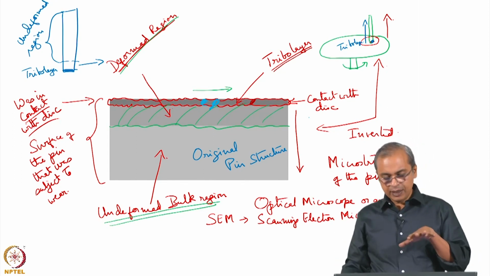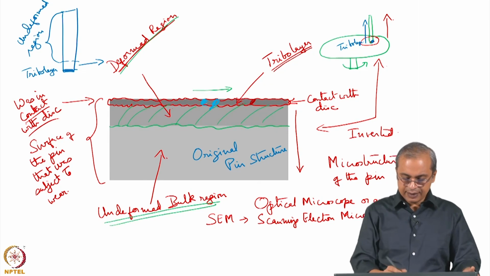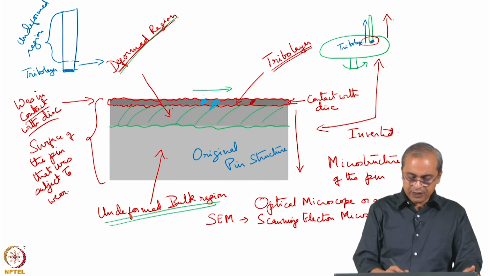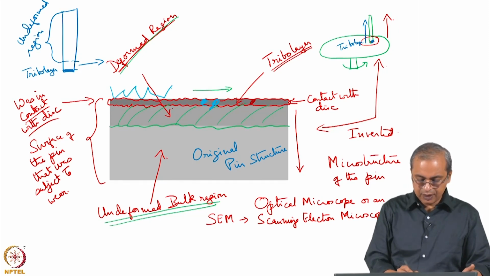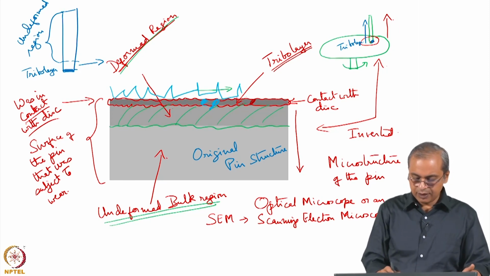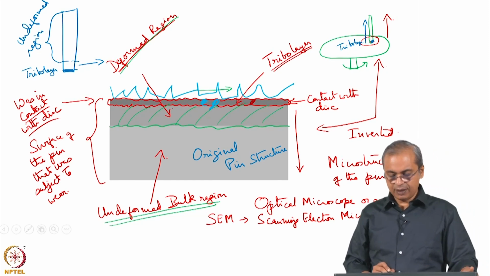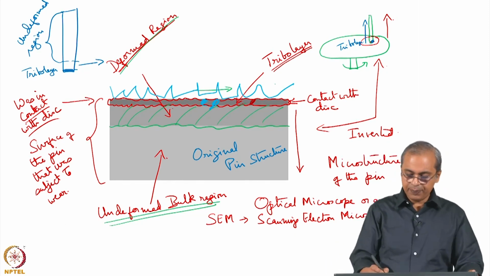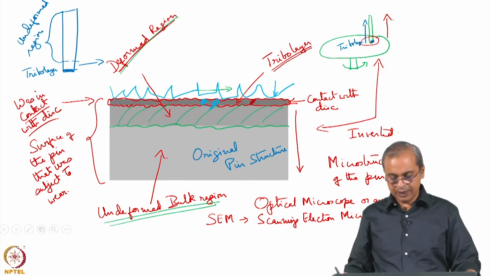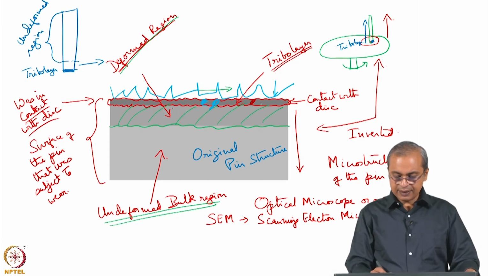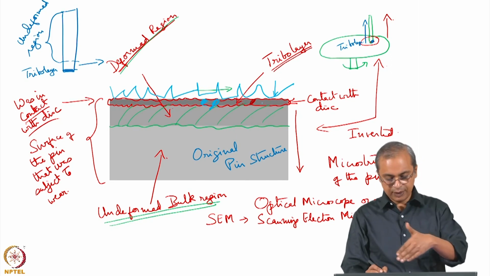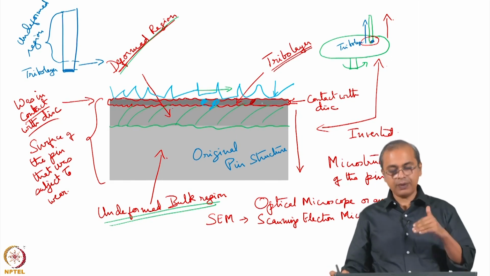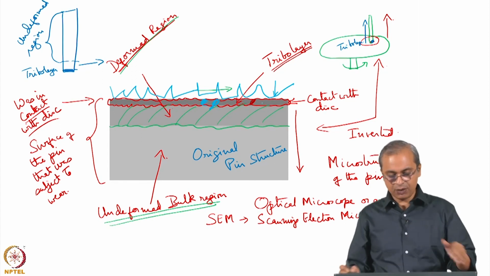So, similarly you can have a situation where, as you are doing the test, the roughness of that wheel or the disc is actually pressed against the pin, then this roughness is trying to provide a wear action on that surface.